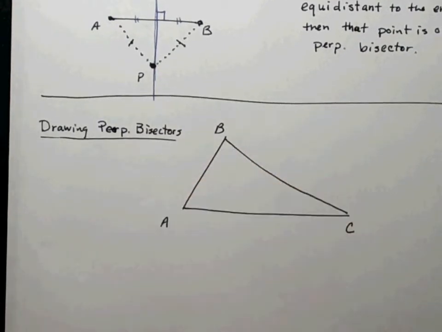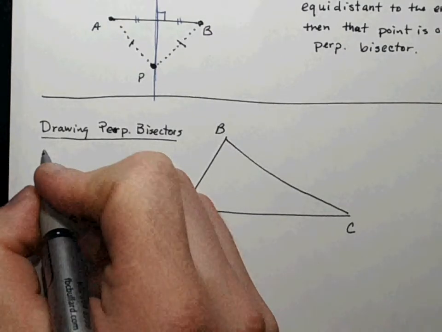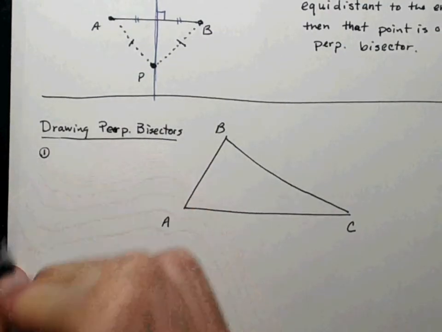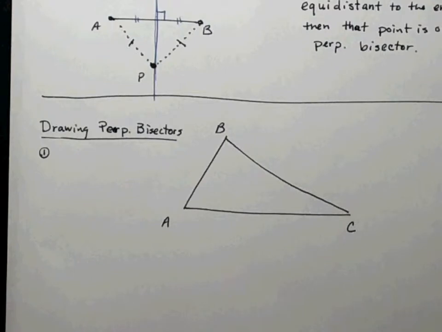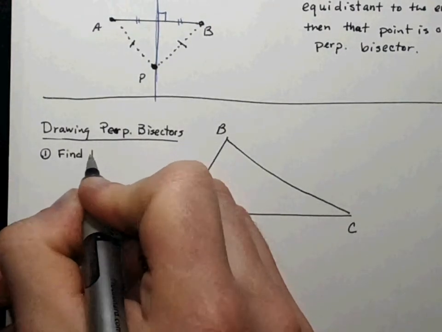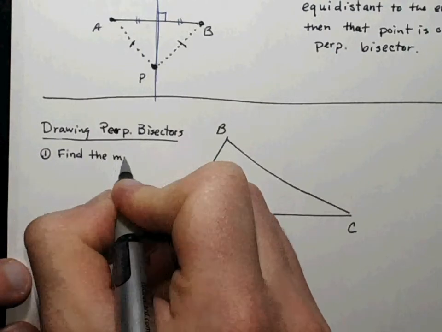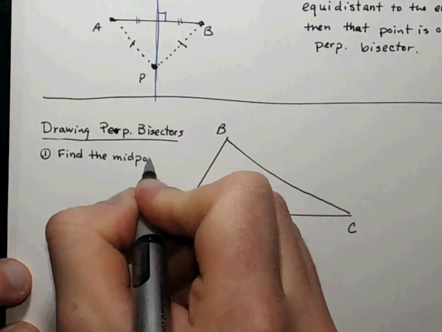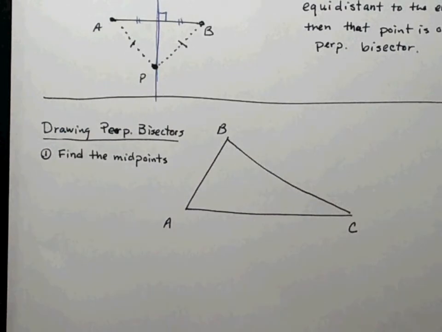Here are going to be our directions. The first thing I'm going to do in order to draw a perpendicular bisector is find the midpoint. I need to find the midpoint of each side.